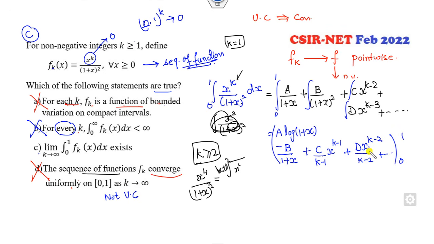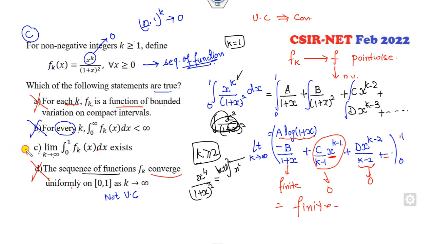Whenever you substitute 0 to 1 and then take the limit as k approaches infinity, you can see this part goes to 0, because this number 1 is finite. This part goes to 0 and so on. This value is finite because 1 and 0 are finite. So the whole number is finite. Therefore, the limit exists is the right answer.